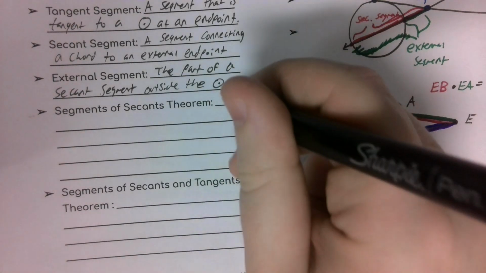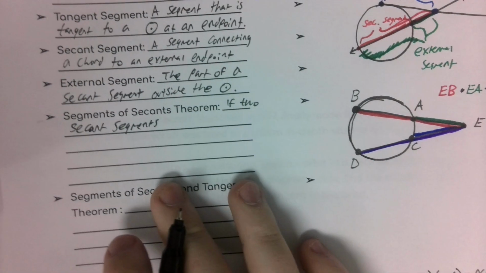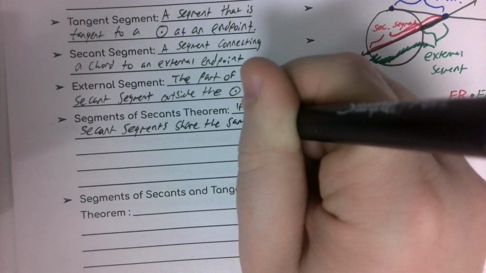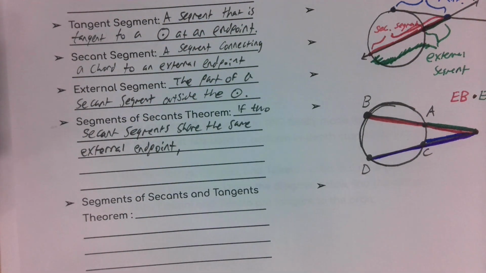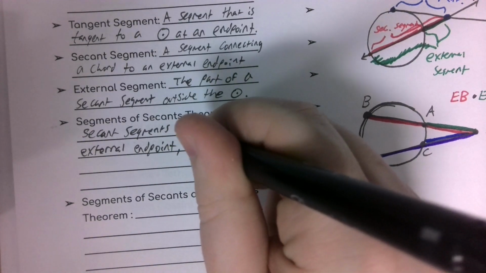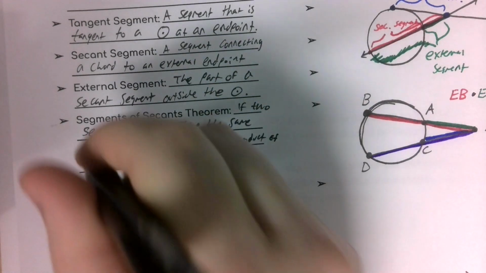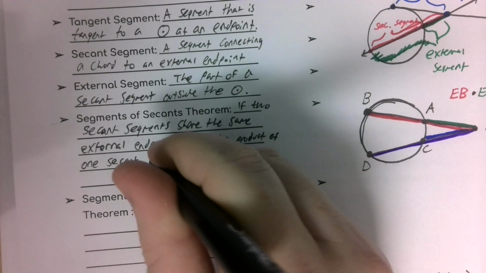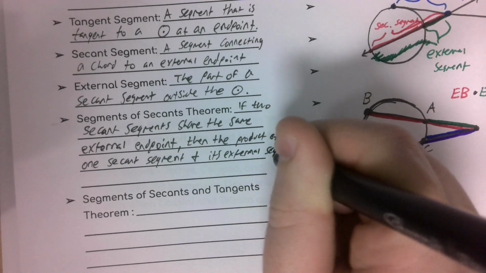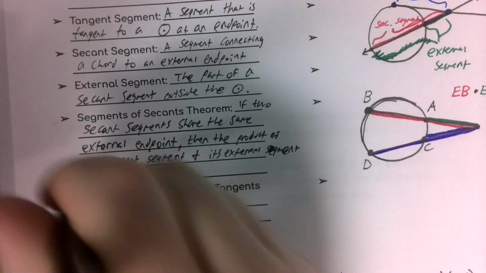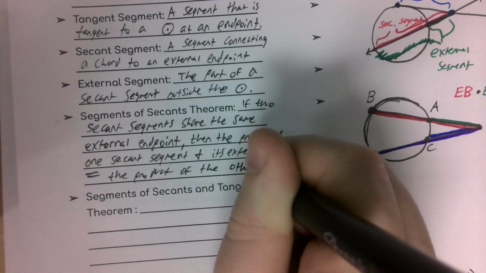Definitionally, it goes like this. If two secant segments share the same external endpoint, meaning they meet at some spot outside of the circle, then the product of one secant segment and its external segment equals the product of the other.